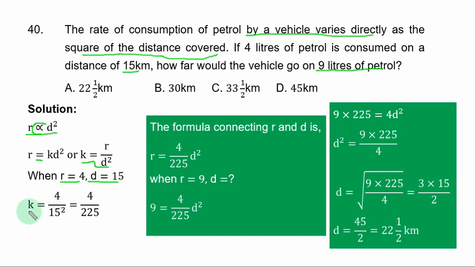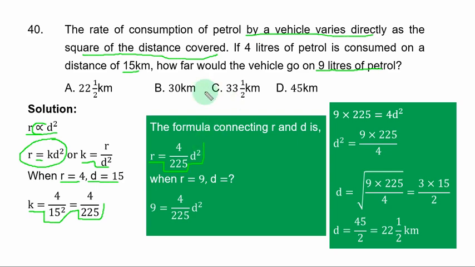So k is equal to R is 4, then d square, you have 15 square, and that is 4/225. So you establish the formula that is connecting R and d by simply replacing k with what it stands for here. That is R equal to 4/225 times d square.